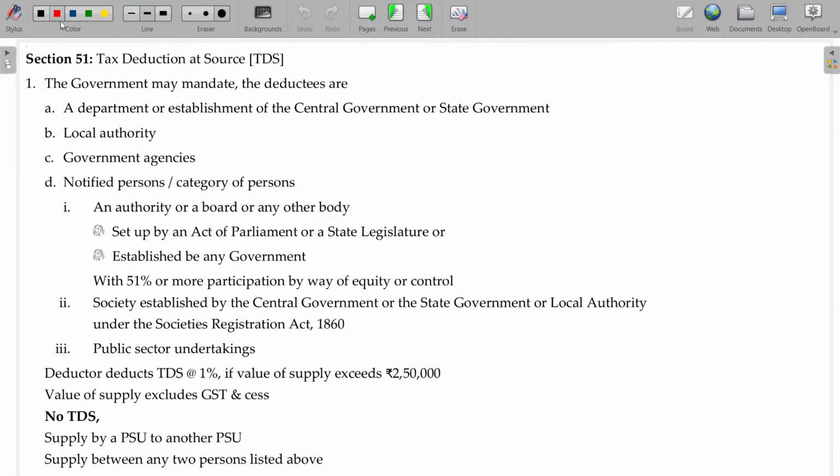Now, tax deducted at source. A department or establishment of the central government, otherwise simply government departments, local authorities, government agencies, and notified persons.